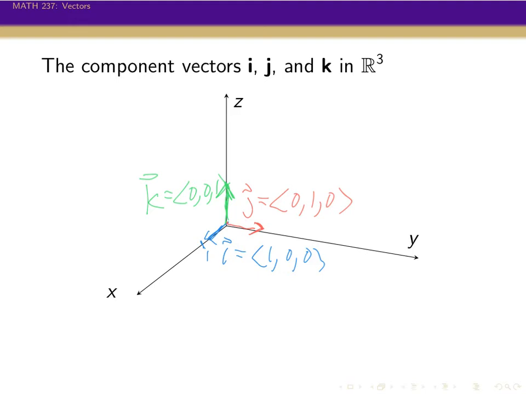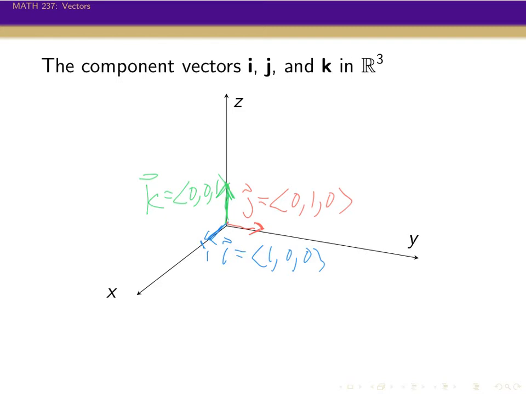Okay. And so, we're using the same notation for i and j, whether we're in R2 or R3. How do you know which one you're using? The short answer is that it really doesn't matter, because i is just saying go just in the x direction. So long as you have at least 1 dimension, it makes sense to talk about going just in the x direction.